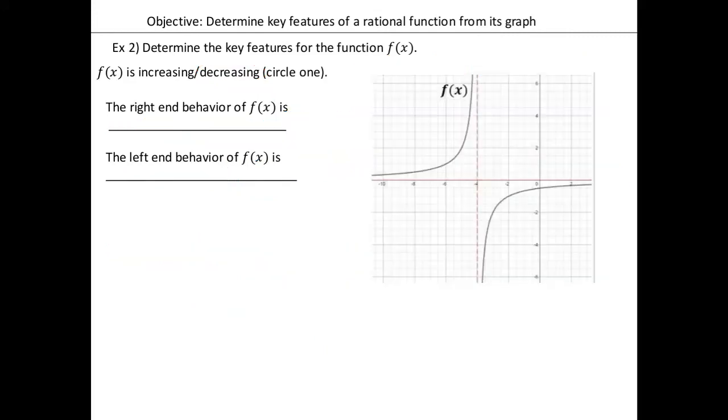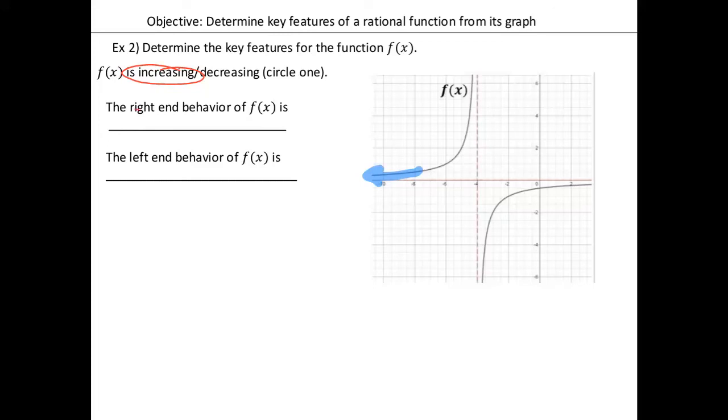All right, here's another example just to see another one. Starting at the left, going towards the right, it is going upwards. So this example is always increasing. And then for the end behavior, I have this side, which is the left side.